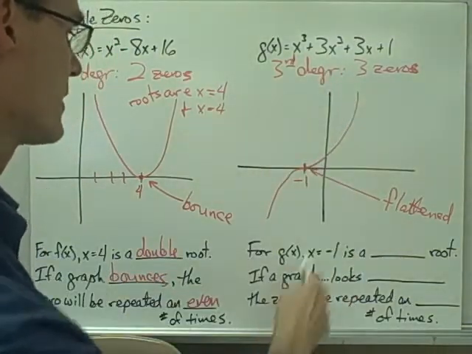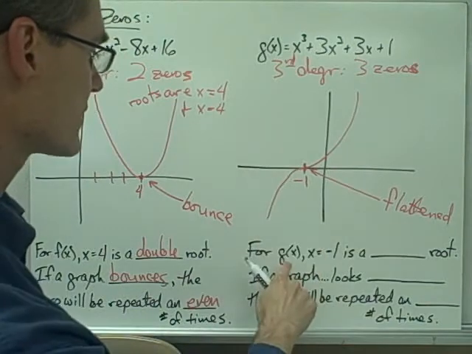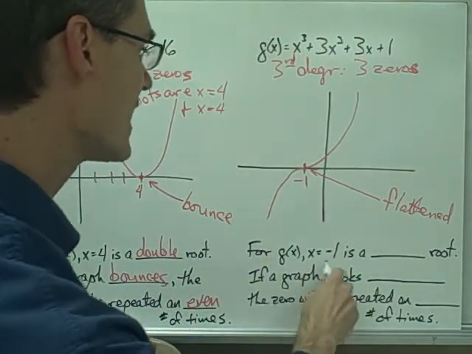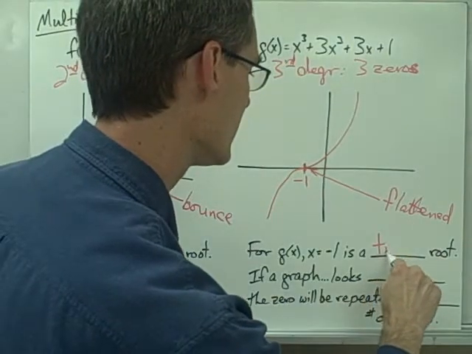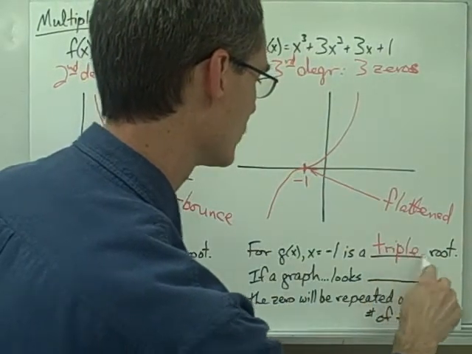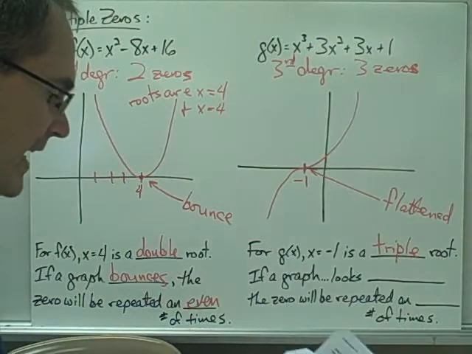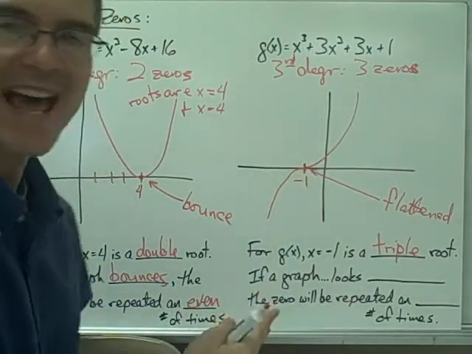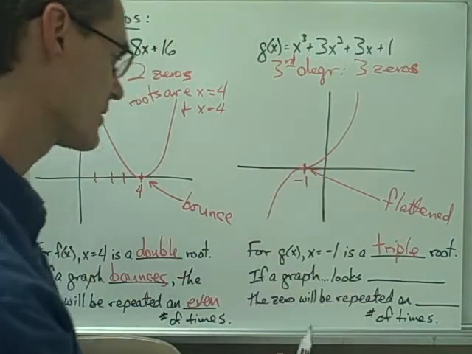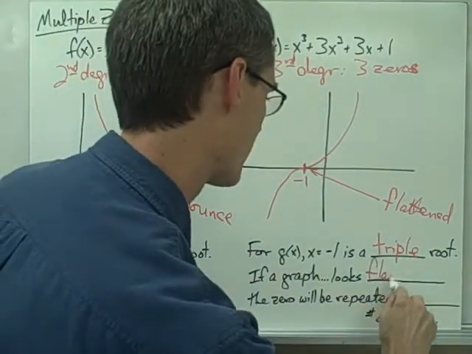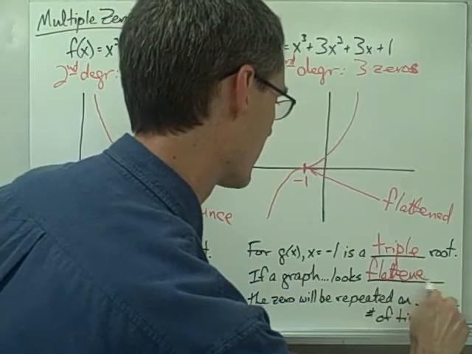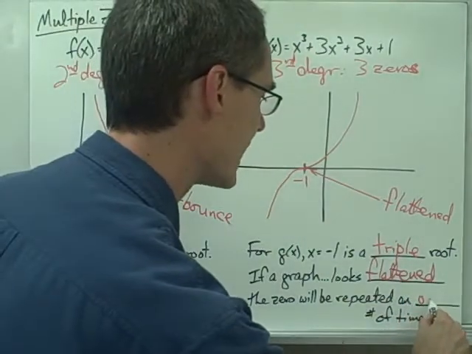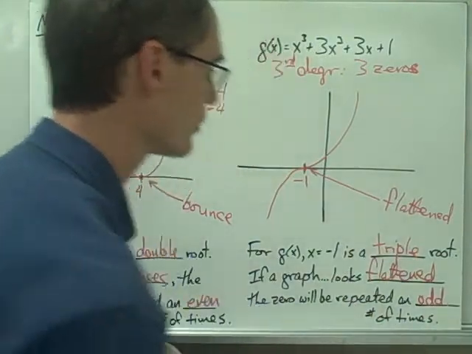For this g of x function, x equals -1, where it crosses the x-axis, is what we call a triple root. And if a graph crosses the x-axis but looks flattened at that point where it crosses, then the 0 at that point is going to be repeated an odd number of times.